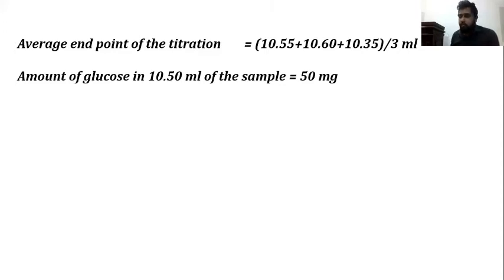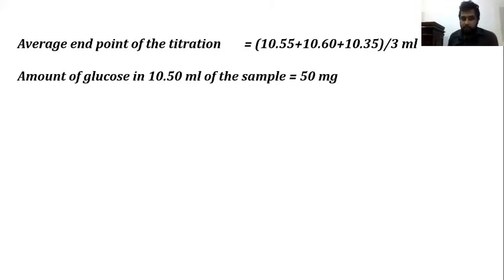You know that we used a conversion factor. 5 milliliters of Fehling's A equals 50 milligrams. And through this titration, we got that to reduce completely 5 milliliters of Fehling's A, it consumed 10.50 milliliters of the sample.